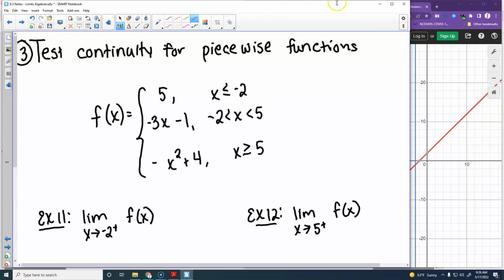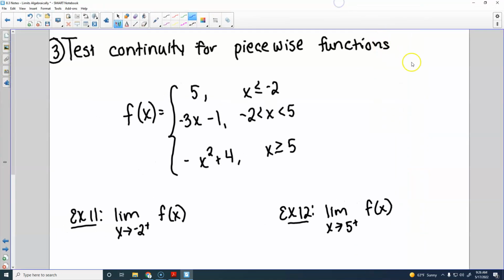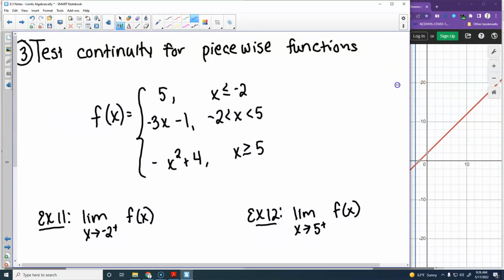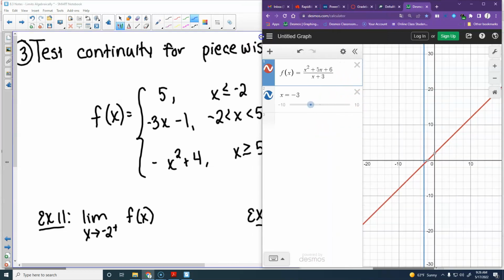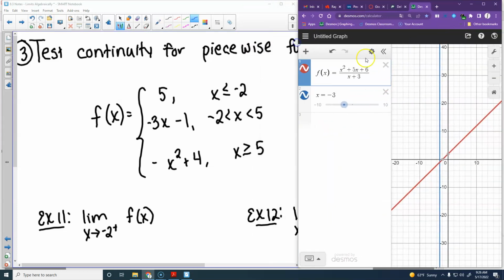While you guys copy that piecewise function down, I'm going to graph it because I think it helps to look at the graph here.